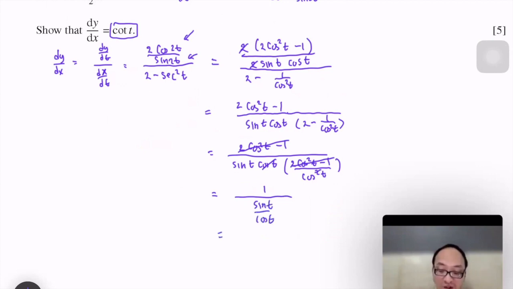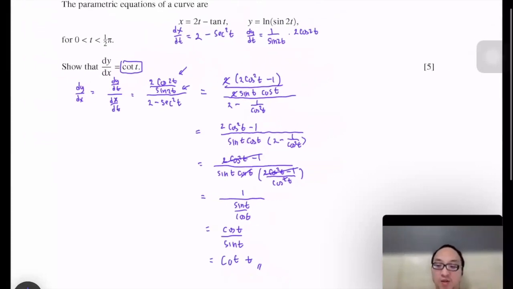And it will become cos t over sin t, which is cotangent t. So it's proven. That's for number 1.